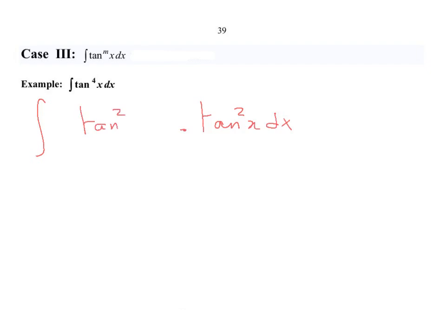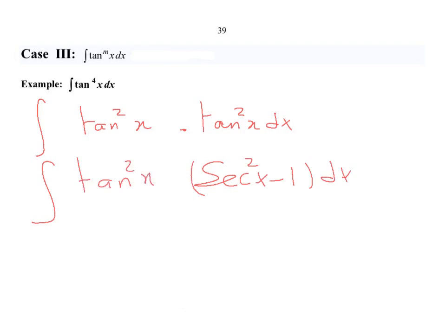The remainder is tan square. Then what you have separated, you change into secant square minus 1. So you have tan square, and then you open the bracket: secant square, which is u and u prime, minus tan square.